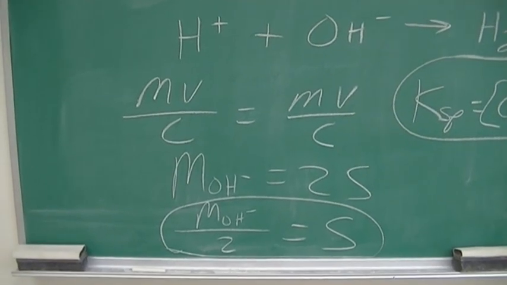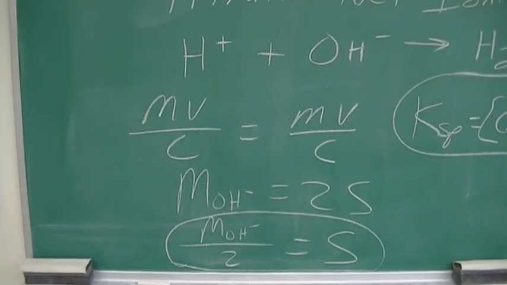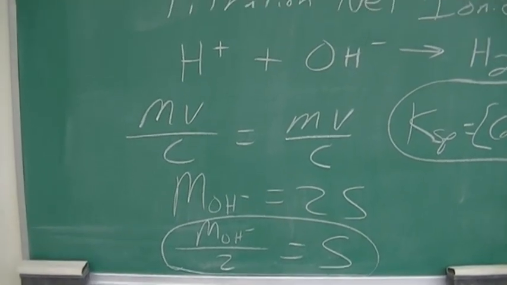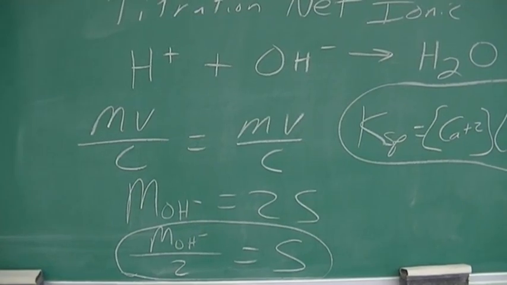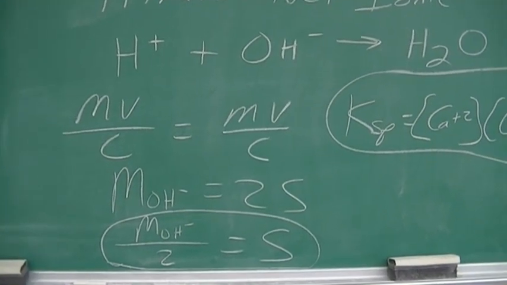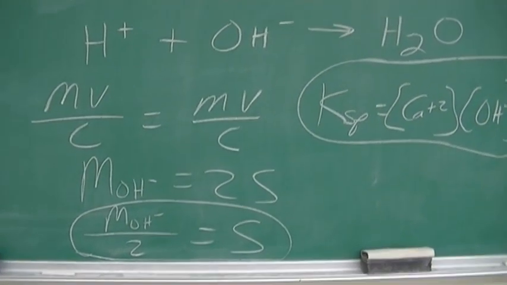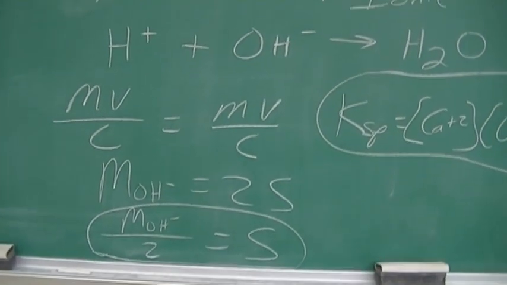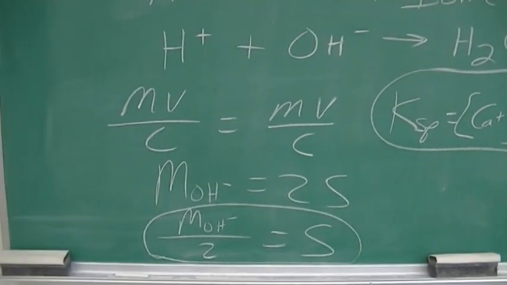That goes for your H plus. The volume of your HCl, that's what you get from your titration. And then the molarity of OH minus, that's what we're solving for. The volume of the OH minus, we did 10 mLs for each one. All right, and so you'd put in your 10 mLs for that volume.